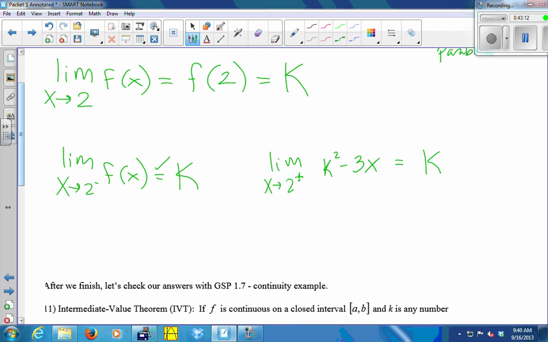So when you're taking limits, what's the thing you do first? Substitute the value in. So if I substitute a 2 in here, I would get k squared minus 6. I have to make sure that equals k. Can I figure out a k that would make that true?